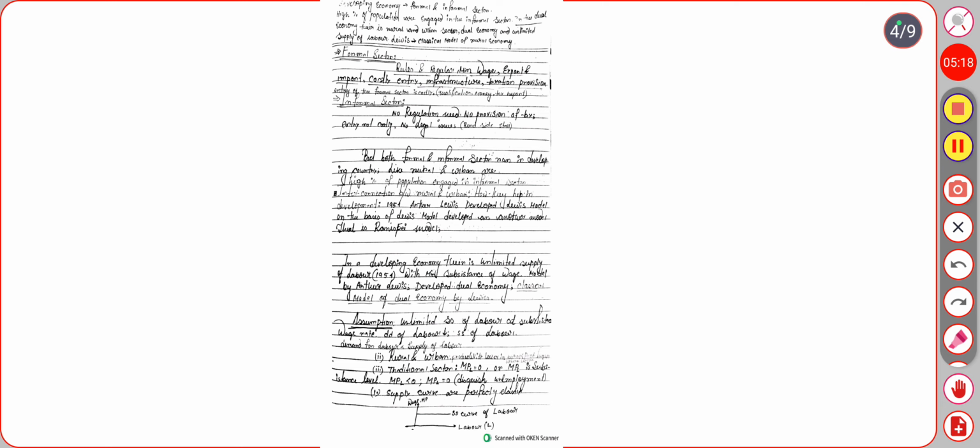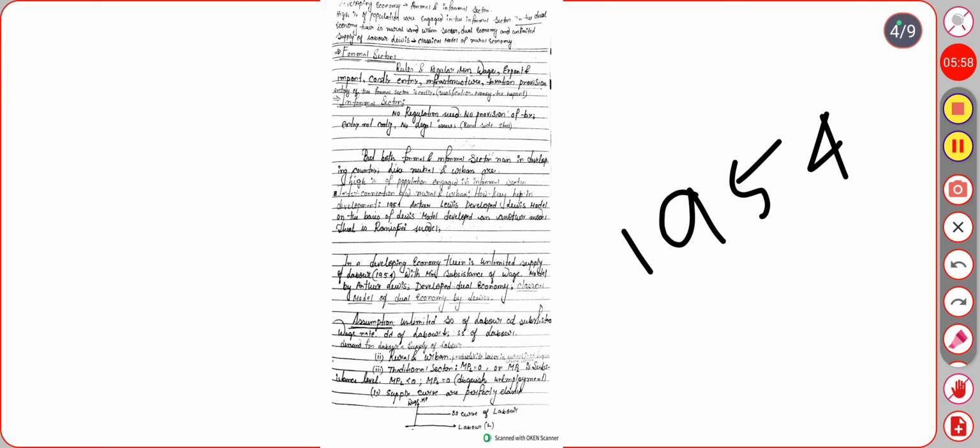Interconnections between the rural and urban sector, how they help in development. In 1954, Arthur Lewis developed a model, and on the basis of the Lewis model another model was developed, that is the Ranis-Fei model, because there are some limitations in the Lewis model.